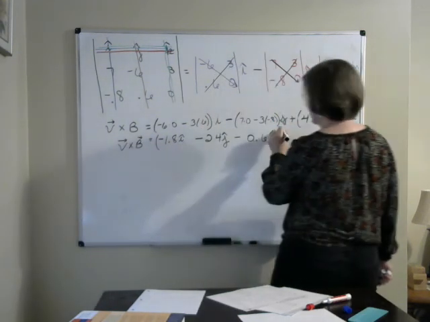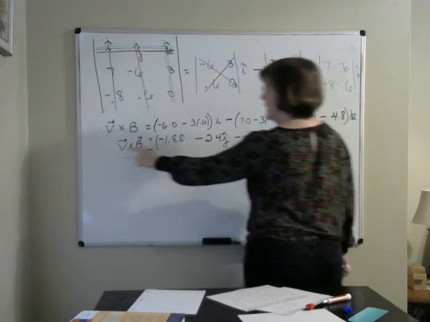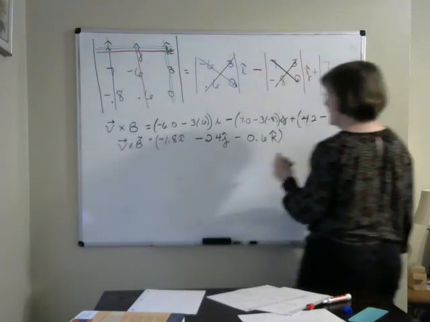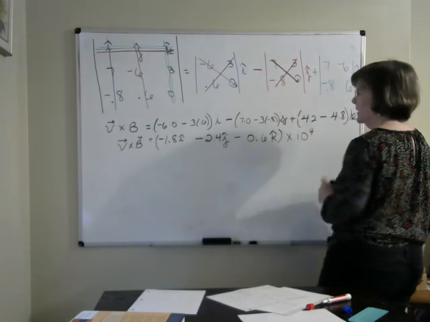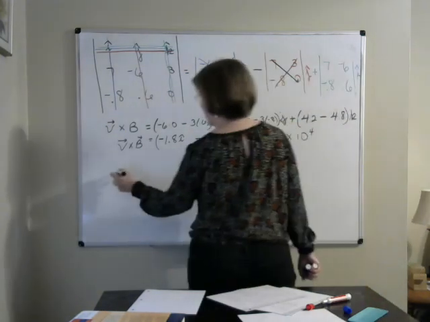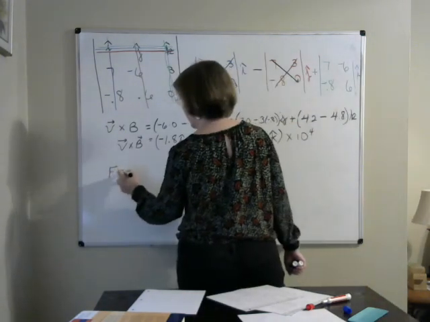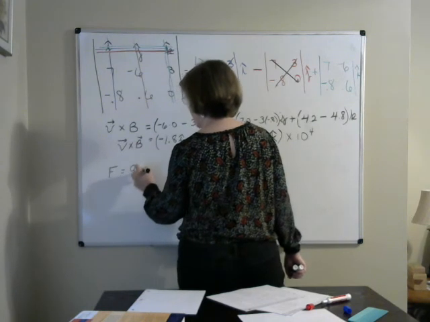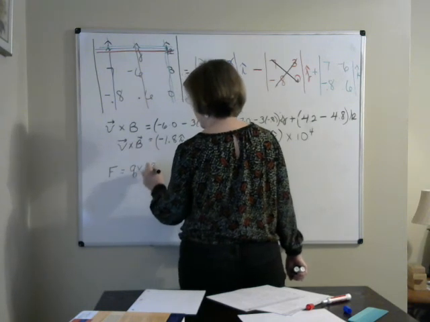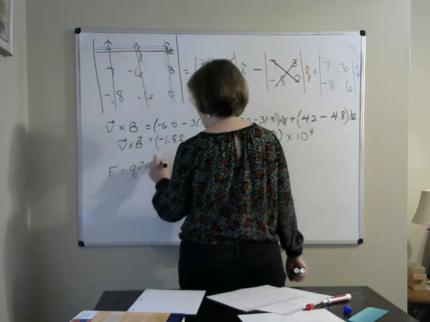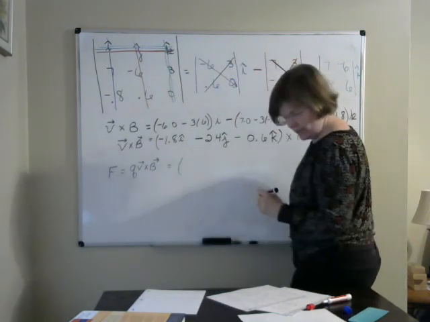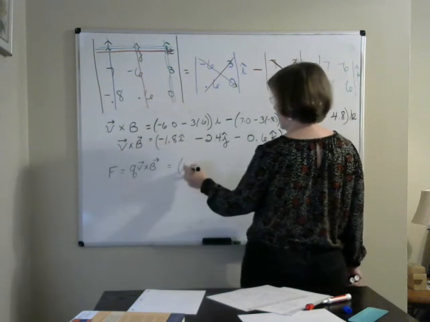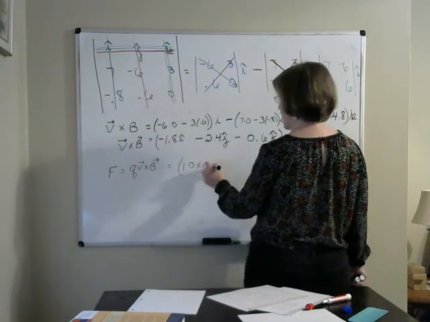Now, we took some stuff off. Remember, these velocities were times 10 to the fourth, so this is really times 10 to the fourth. So, if I want to find the force, F equals Q V cross B. And Q was, I believe, 1 microcoulomb is what I said. Let's assume I said that 1.0 times 10 to the negative 3.